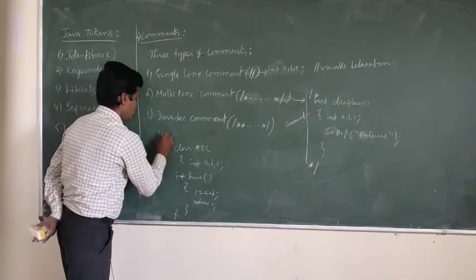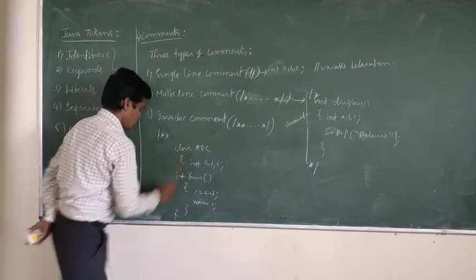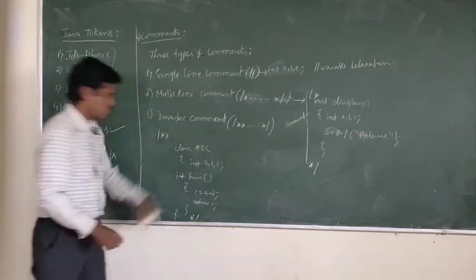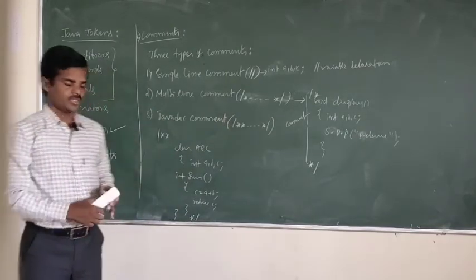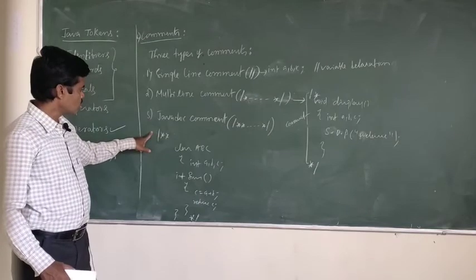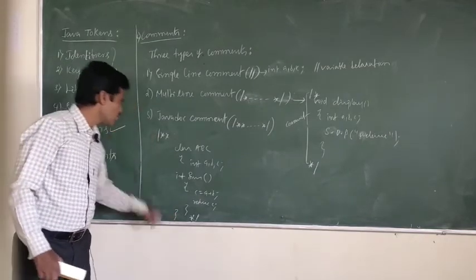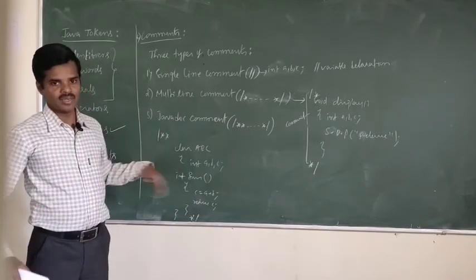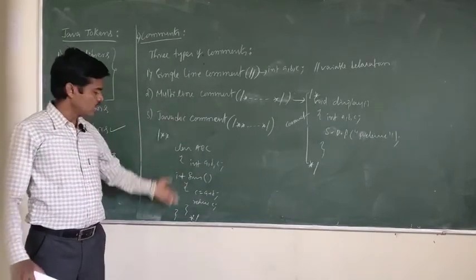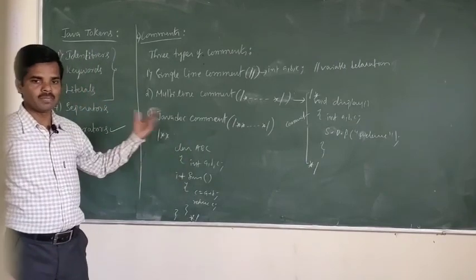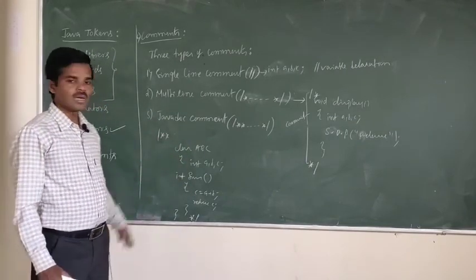If you make comments like this, then for this code it will generate the documentation. Whichever code is enclosed between the start of the Java doc and the end of the Java doc comment, the documentation for those lines will be generated automatically in the background. So that is the Java doc comment.